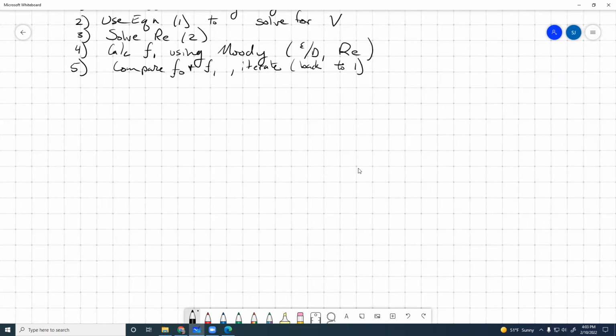Okay, and what I'm going to do is write out a table, and that'll help us do our iteration. So first we'll do F, then we'll do velocity from equation 1. Then we'll do the Reynolds number from equation 2. And then we'll get new F, F i plus 1.